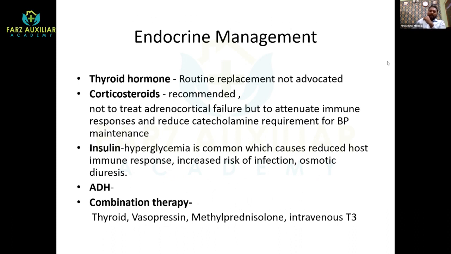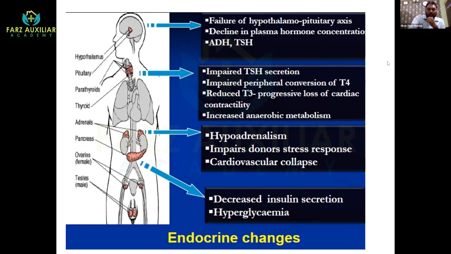Next, endocrine management. Endocrine management is very important. Thyroid hormone, corticosteroid, ADH, and combination therapy that we do. So what are the endocrinal changes that I've already described? Because there is damage of the pituitary, all the hormones get depleted, and there are all the changes.